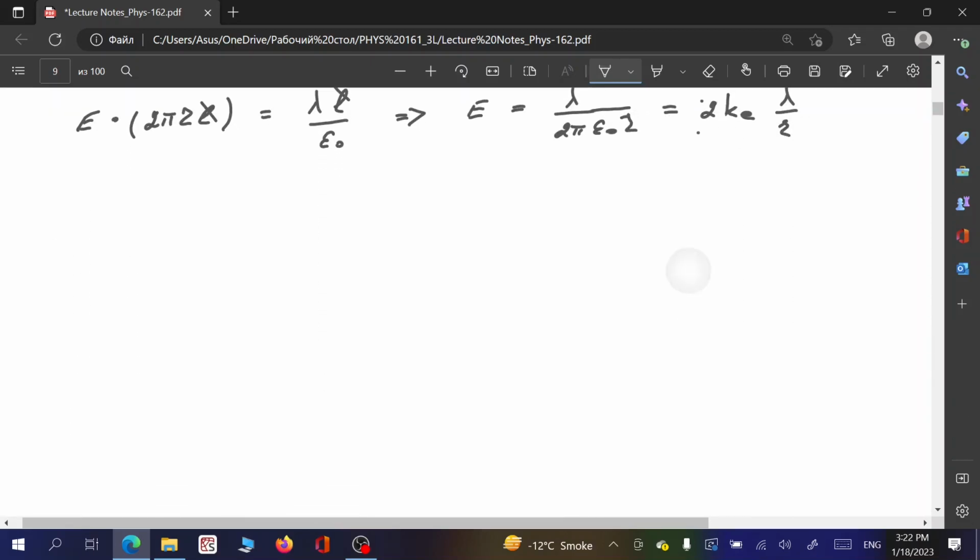So let us consider one more example, and that will be also an important example. We will use it in the future when we work with parallel plate capacitors and some other examples. So let us consider a plate with surface density of electric charge sigma.